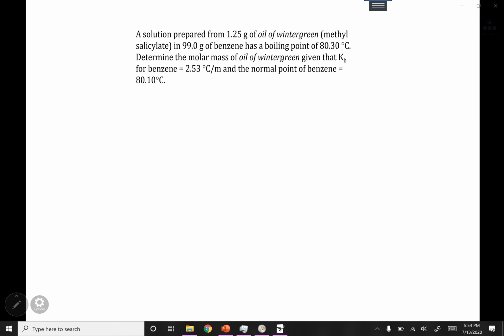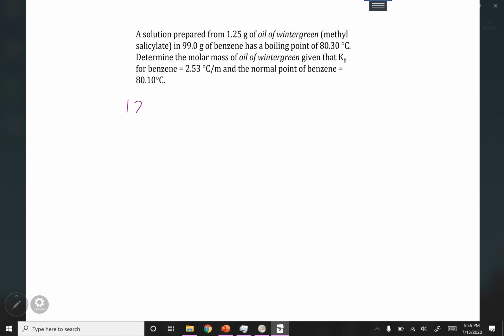Okay, let's give this one a try. Like I said, I always like to write out what we know first. They told us that we have 1.25 grams, and I'm going to write OW to make my life a little bit easier, for oil of wintergreen. We have that much mass, and they didn't give us a molar mass here, so we can't convert that to moles.